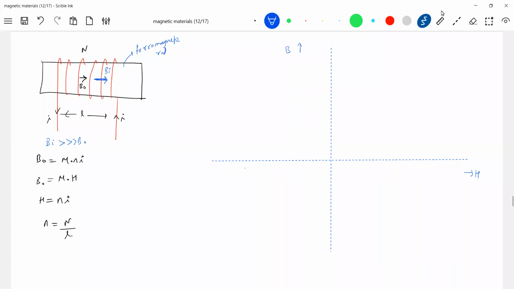As I increase H, first it will start from 0. It will increase. So as H increases, the B will increase.